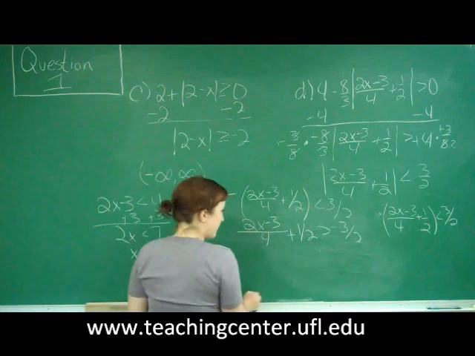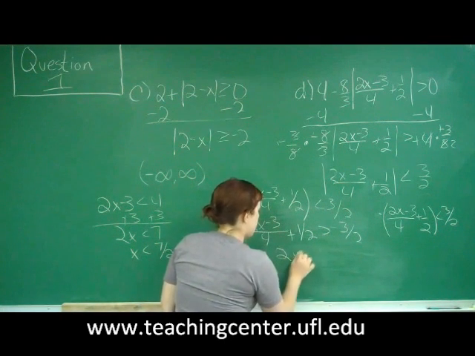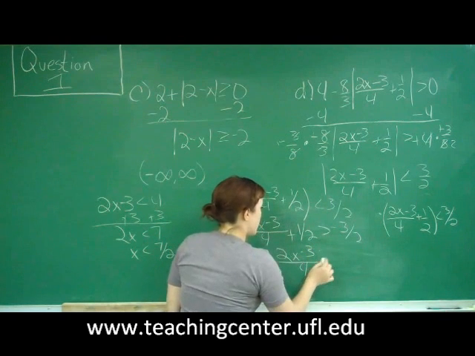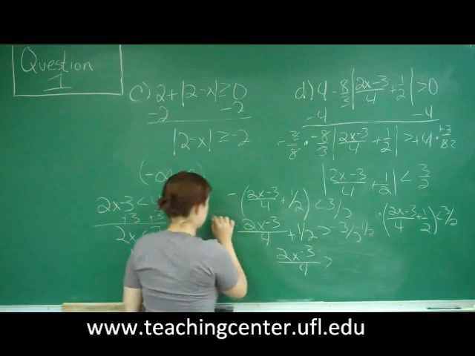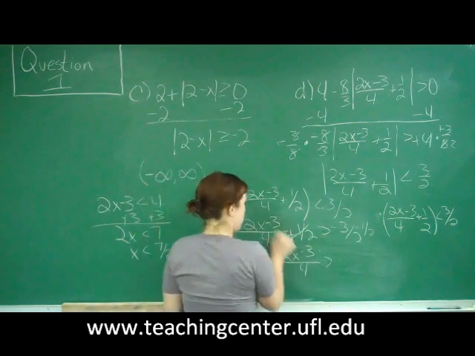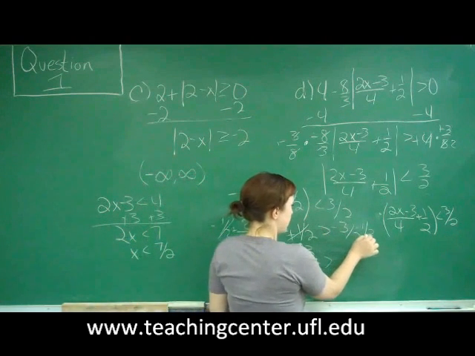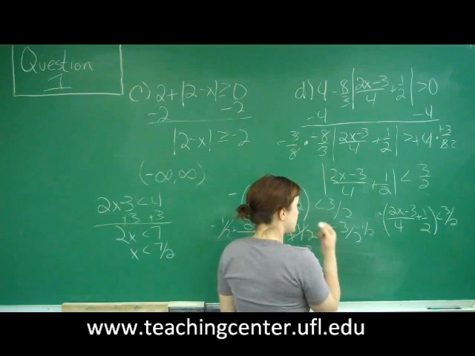I subtract 1/2 from both sides, and I get (2x minus 3)/4 is going to be greater than negative 3/2 minus 1/2, which is negative 4/2, which is the same thing as negative 2.